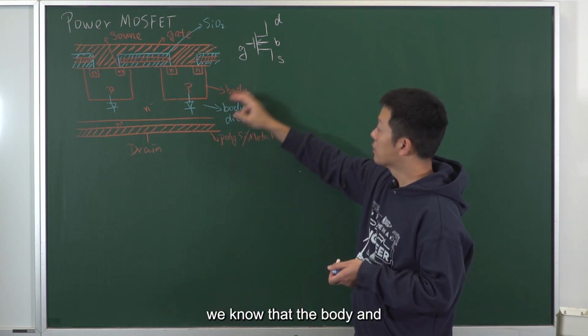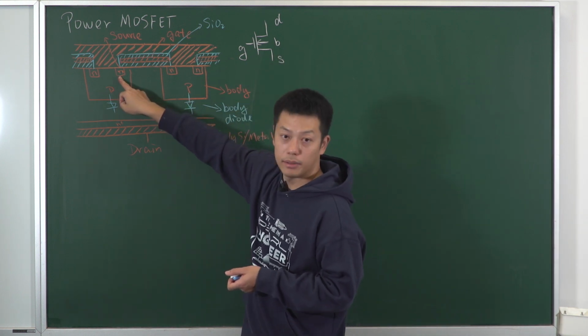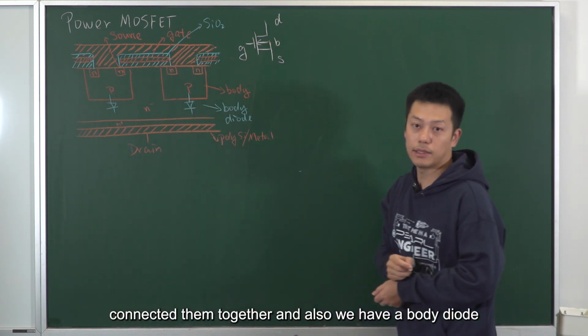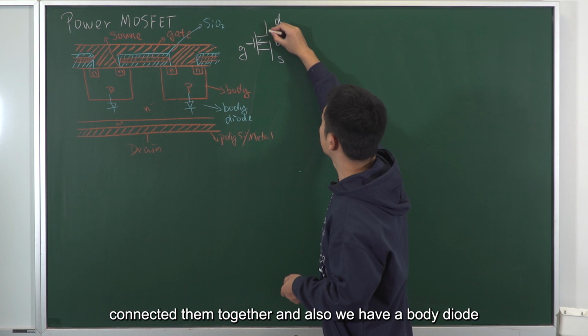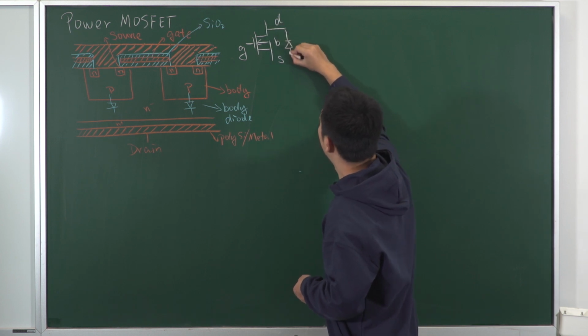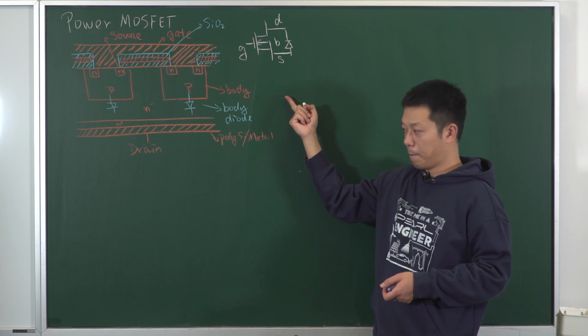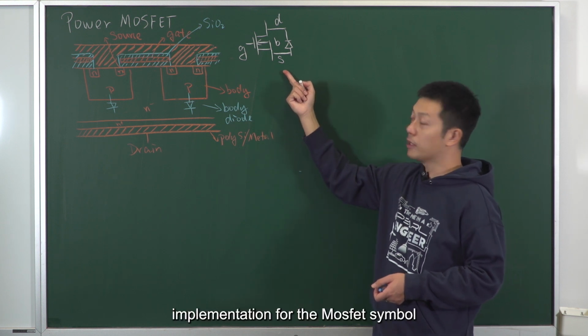We know that the body and the source are shorted, so we connected them together. And also we have a body diode. That is the four-terminal implementation for the MOSFET symbol.